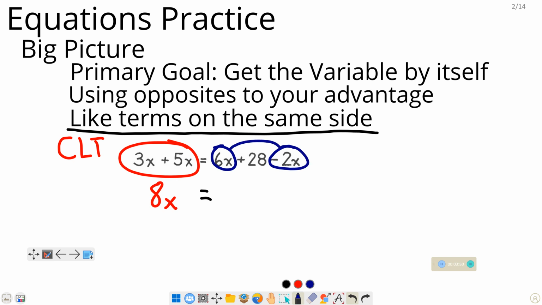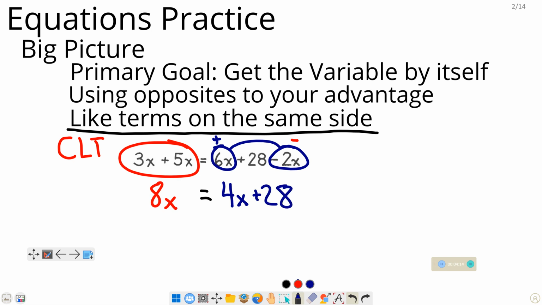In order to combine them, I need to use a zero pair. Notice, when we were using tiles, this would be a positive blue tile, and these would be two negative tiles. When we say a zero pair, that is telling us to say 6 minus 2 is 4x, and the 28 does not change.